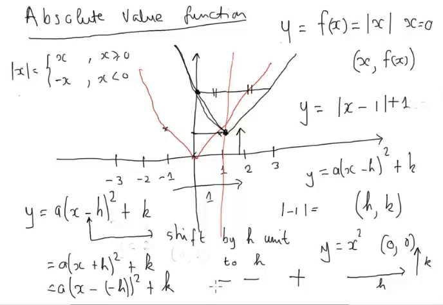Now my word shift has come up. If h is a positive number, this one will go to the right, positive, isn't it? So it will shift horizontally to the right.